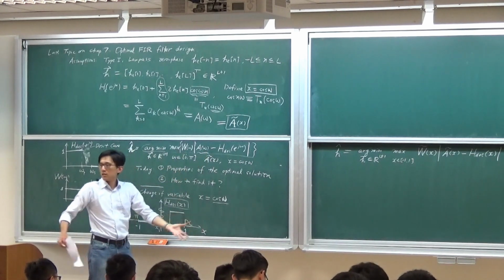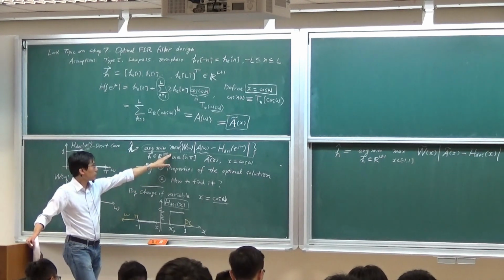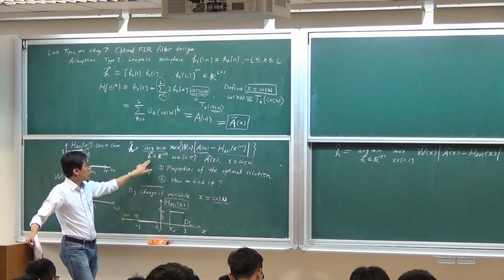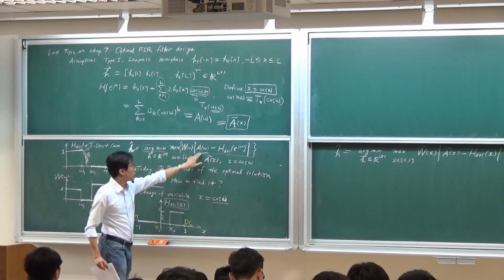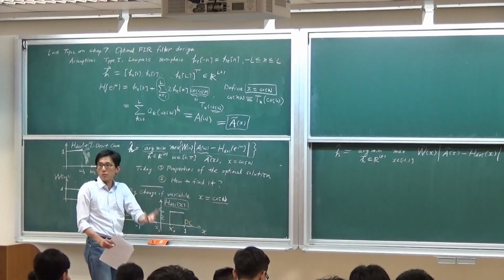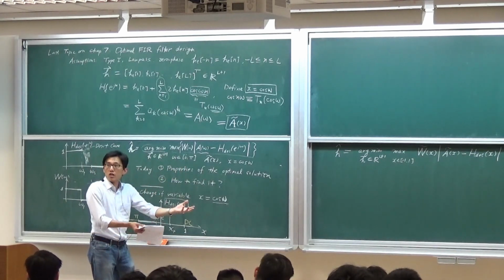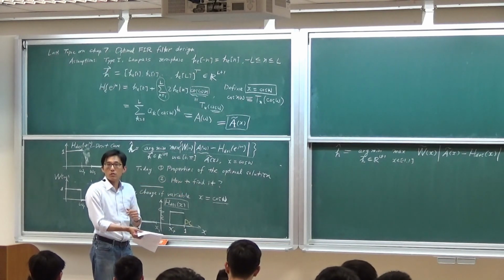So this is just to emphasize that if you have any kind of design that gives you a frequency response, the maximum error in the frequency range is equal to the same maximum error. It doesn't change after we perform the change of variable.